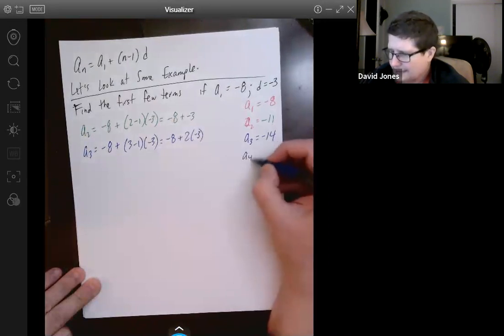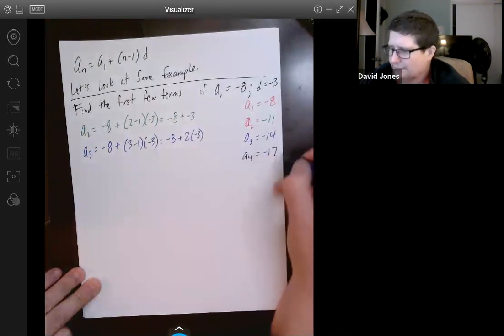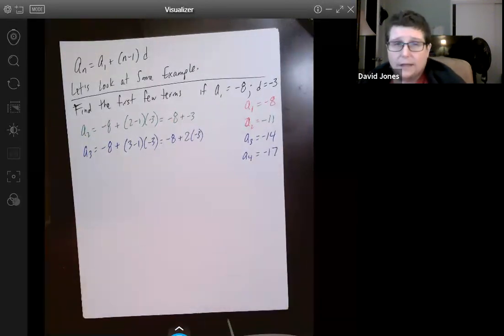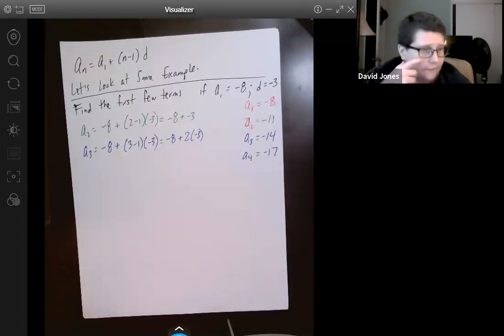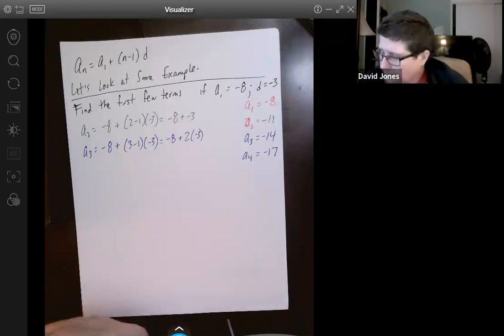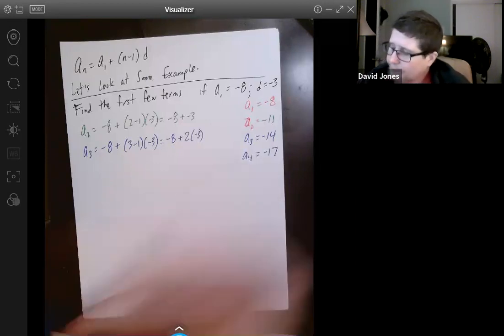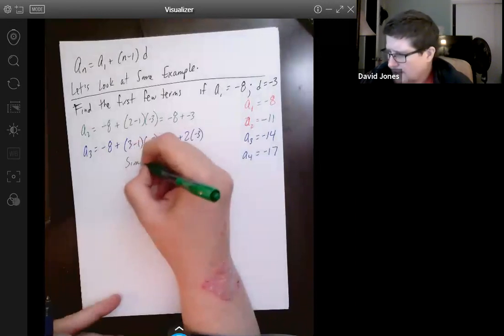And it gets kind of easy. We're just subtracting 3 each time, right? So that part's fairly straightforward. Where we'll make it a little more tricky for you, you'll see problems like this. This was simple. Let's do trickier.